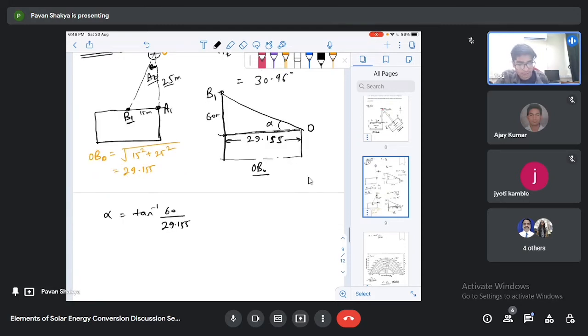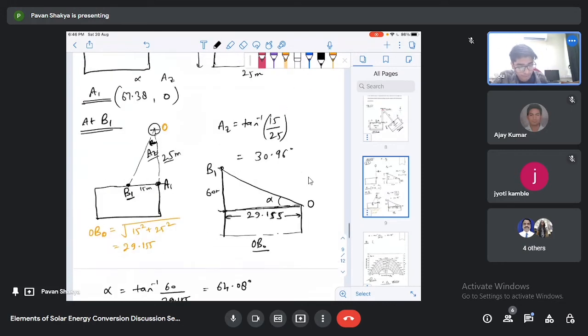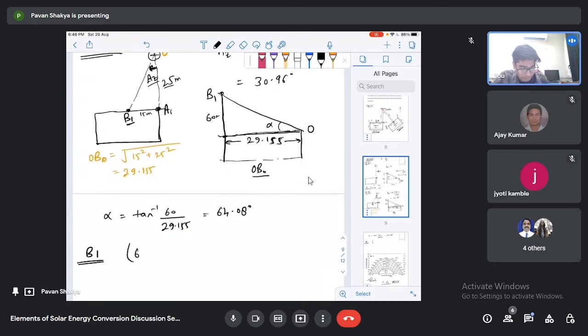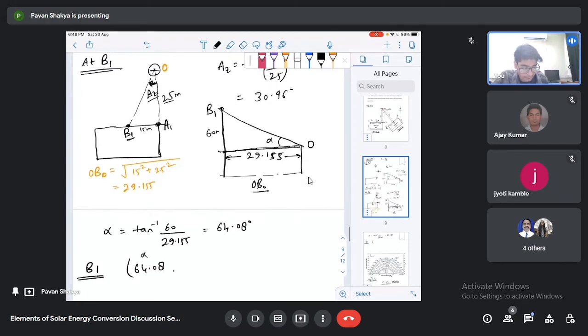Okay, so let's move forward. So when you solve this, you will find this alpha is 64.08 degree. So the alpha and azimuth value for B1 will be, alpha value is 64.08 and the azimuth angle is 30.96.